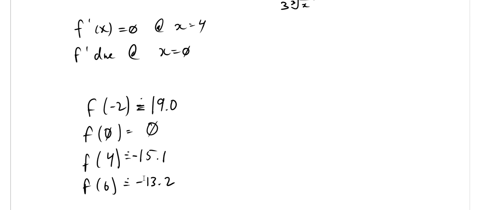So I want to show you something. This is an important detail because we found right here that the derivative does not exist at x equals 0, but then we evaluated it and got 0. So this is an example where the function exists, but the derivative doesn't. Let's take a look.